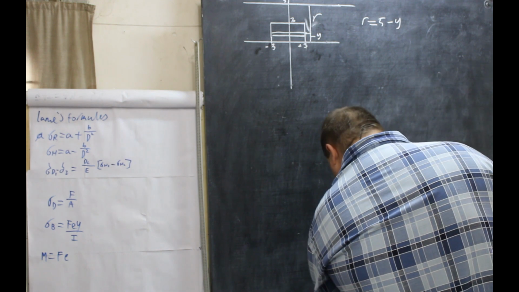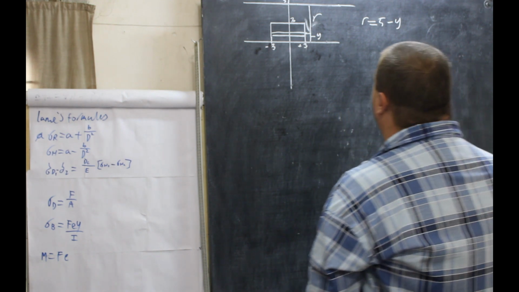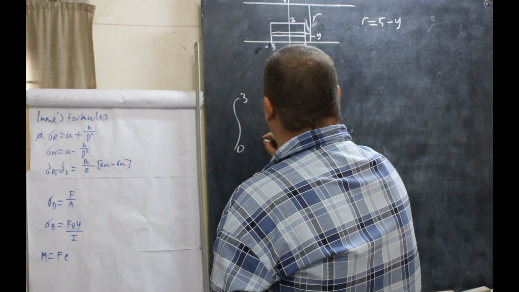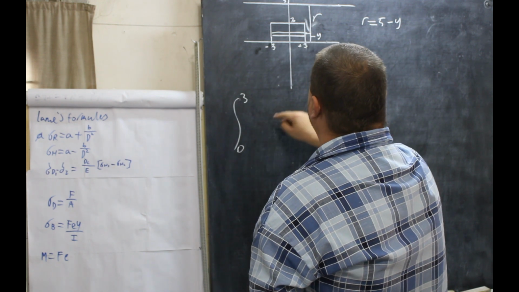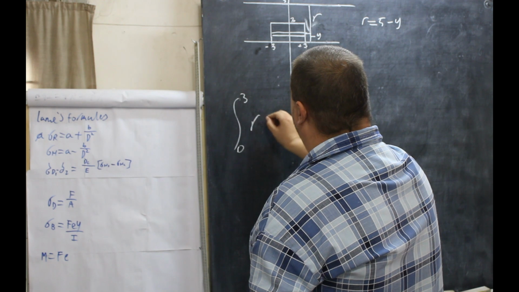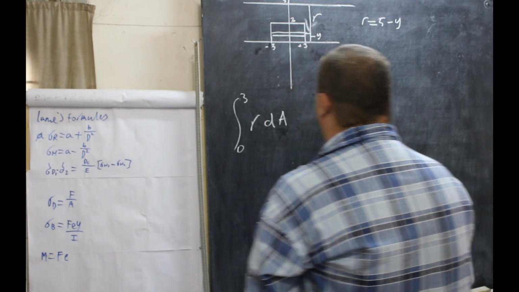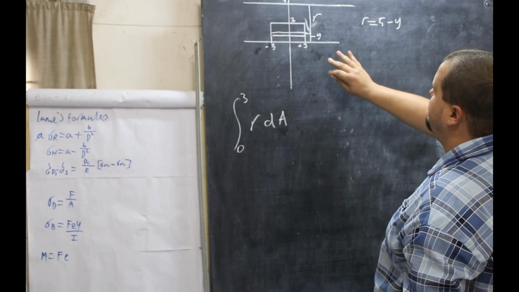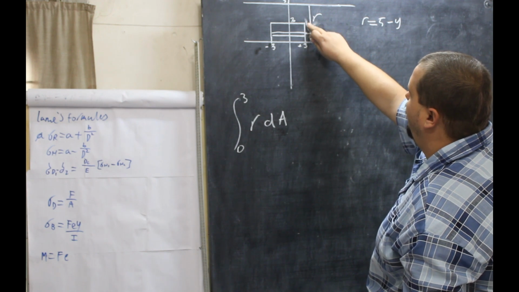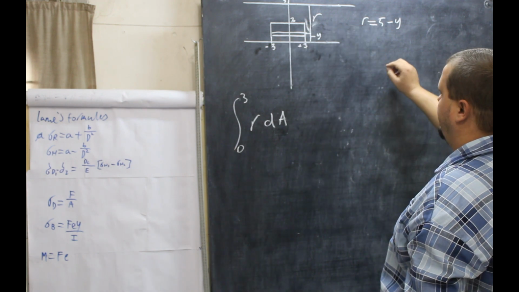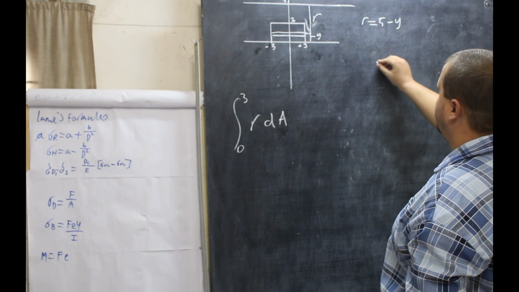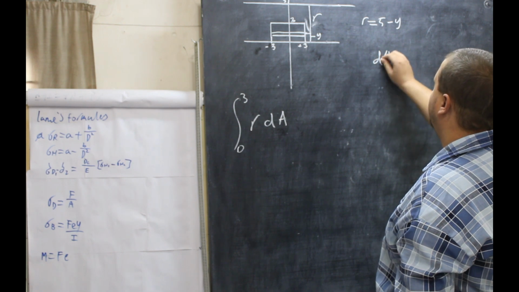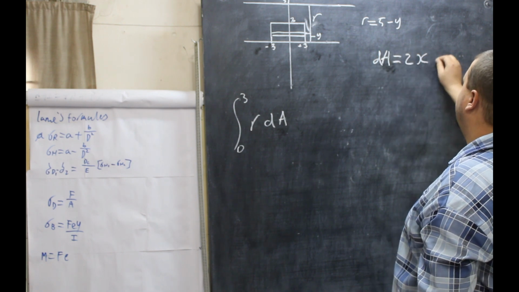So, now that we have R, we need to get dA, because our formula is the integral from 3 to 0 of R dA. We have R, now we need dA. So dA is the formula you would use for your y-axis line. In this particular case, dA is equal to 2x dy.